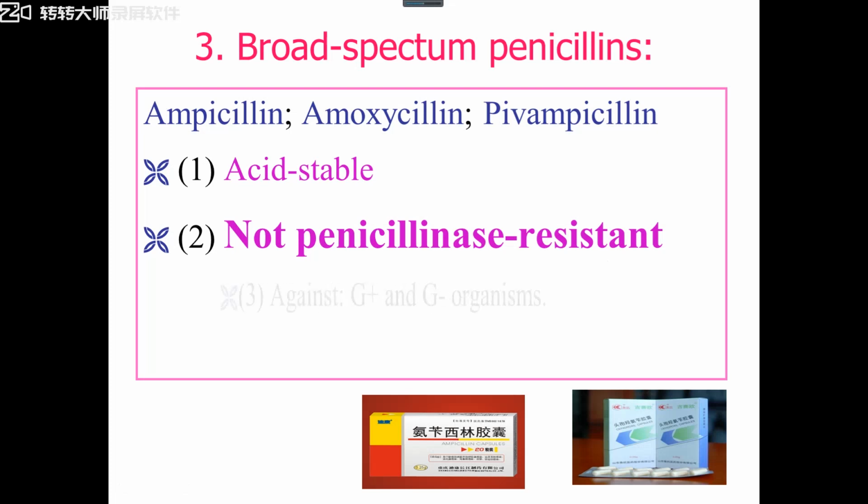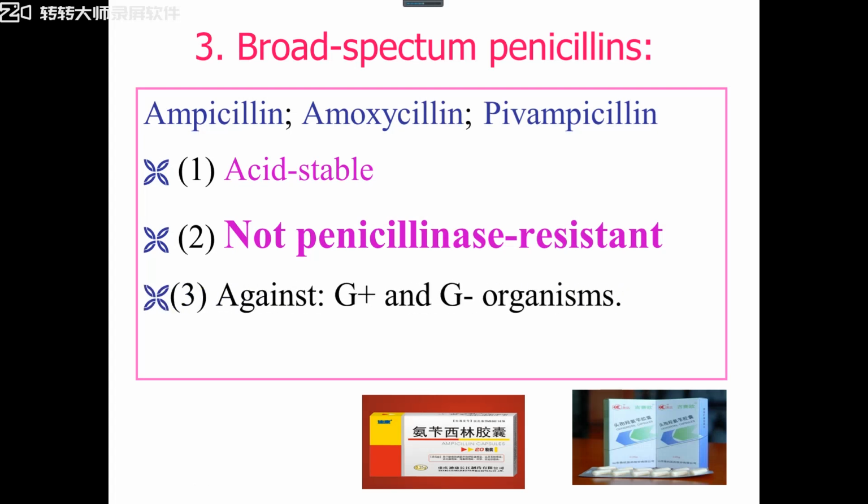The third feature is that it works against gram-positive cocci and bacillus, gram-negative cocci, and gram-negative bacillus. So compared to other penicillins, the antibacterial spectrum of amoxicillin and ampicillin is enlarged, so they are broad spectrum penicillins. The drugs are amoxicillin and ampicillin.